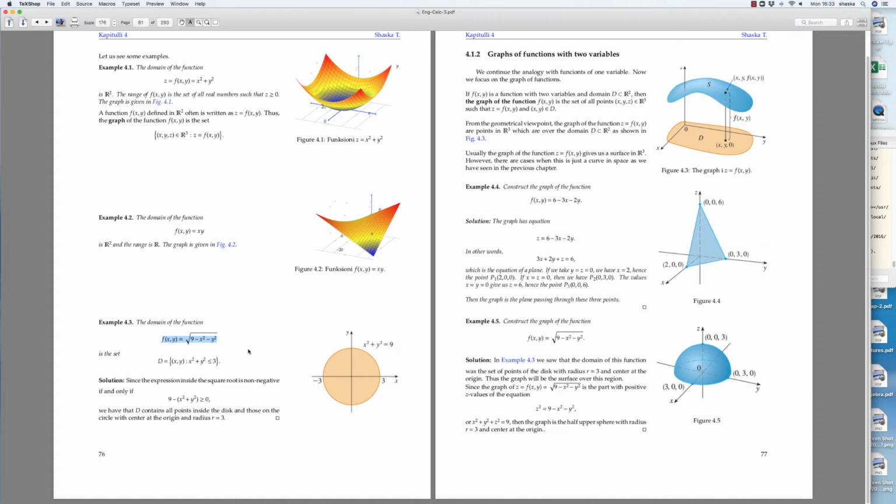That means x squared plus y squared is less than or equal to 9, which means that the domain is this disk, including the boundary of the disk. So this is just to give you some ideas that we can talk about the domain, which will be some region of R squared, and we can talk about the range, which is basically some region of R.